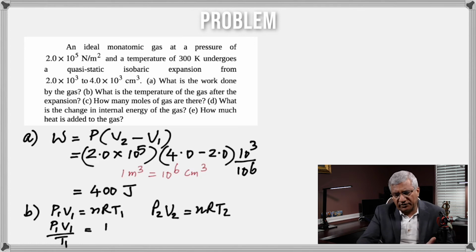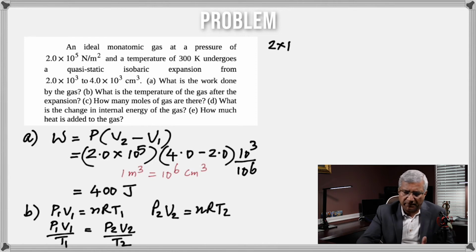So if you take the ratios, P1V1 by T1 should be equal to P2V2 by T2. Why? Because n times R is a constant. So this one will become P1V1 by T1. This will become P2V2 by T2. The right-hand sides of both are the same, so we are able to put them equal to each other.